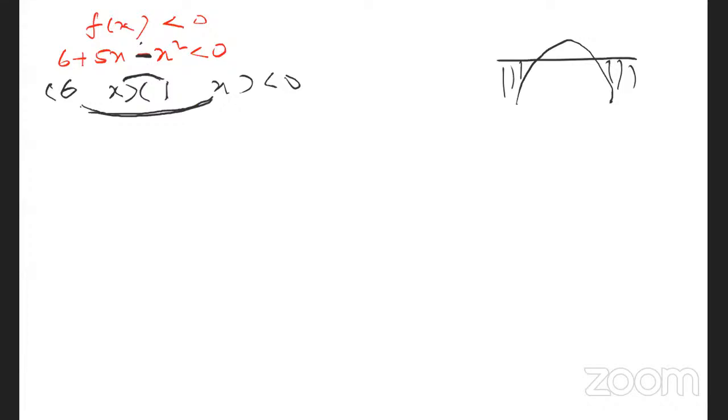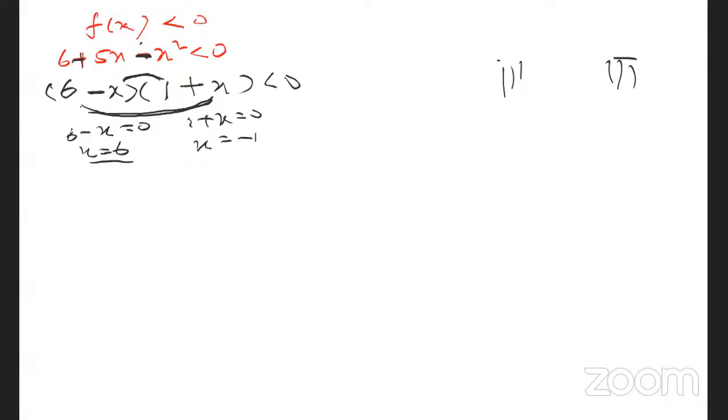Which one is bigger? 6x is bigger, isn't it? 6 times x is bigger. So for the bigger one, you take this sign. Follow the center sign. The smaller one, just the reverse sign because negative. So 6x minus x. So it's plus 5x, correct? So you put 6 minus x equals 0, x equals 6. 1 plus x equals 0, x equals negative 1. There you put this positive 6.